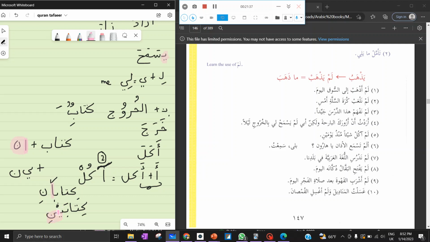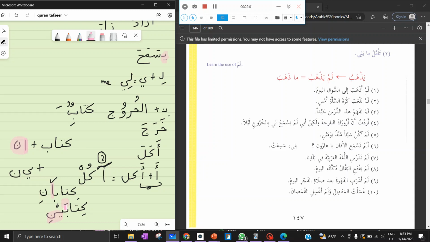But another thing you have to see is the fatha before the ya. In muthanna, this is a very important point, you will always have to see the ya and the fatha before the ya. This shows that this is in marfu case, mansoob and majroor case.